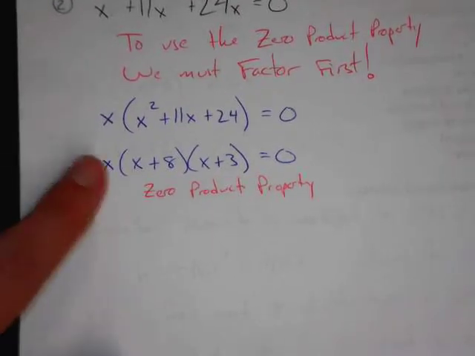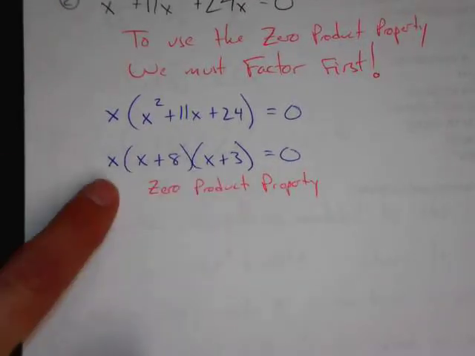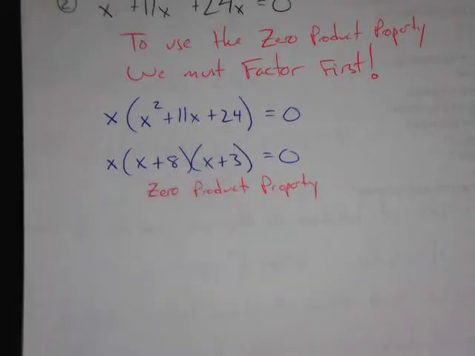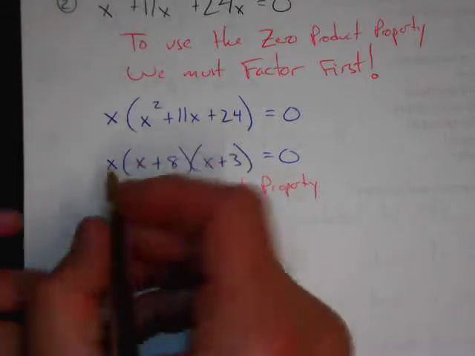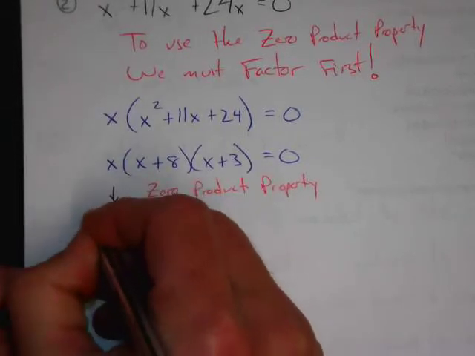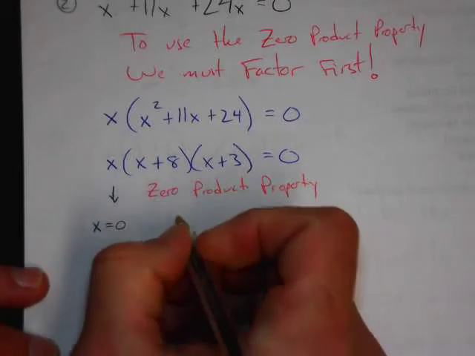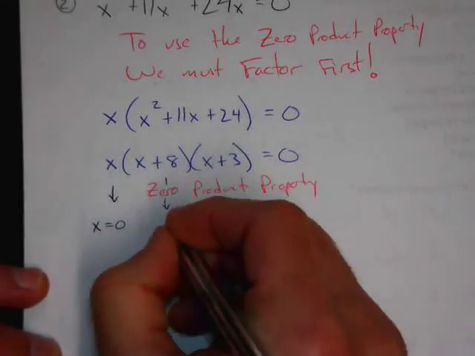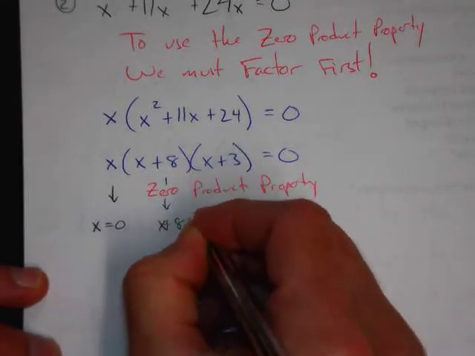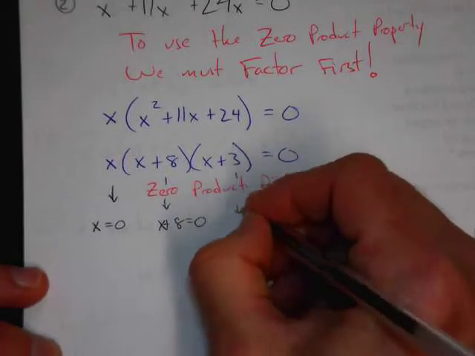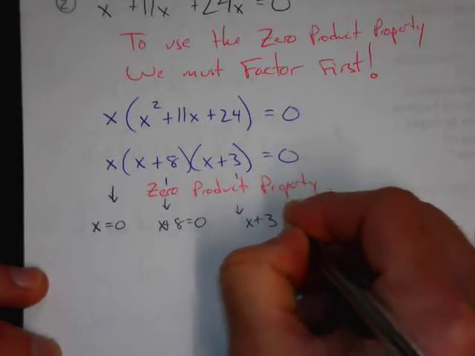We have 3 things being multiplied, and their product is 0. So therefore, we have 3 possibilities. Either our x is 0, or x plus 8 is 0, or x plus 3 is 0.